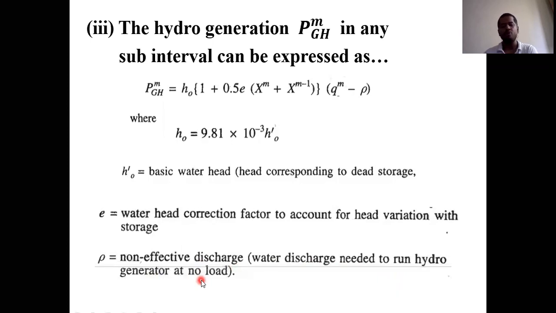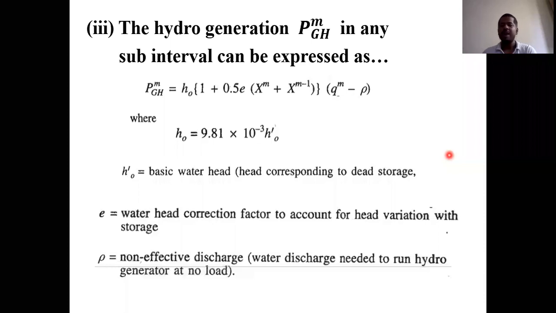So that is the meaning of rho value. So easily, finally, what we can say is PGHM completely depends upon water head and water storage and water discharge. So this is nothing but the basic formula. Already I told you in the previous classes what factors our power generation in a hydropower plant is going to depend on. Okay, so this is nothing but our third constraint.